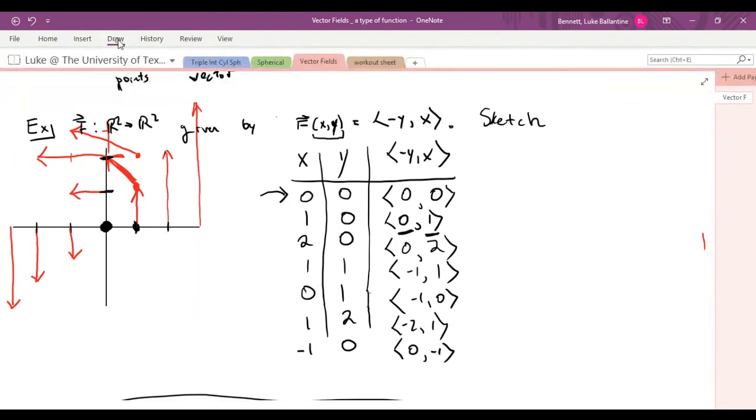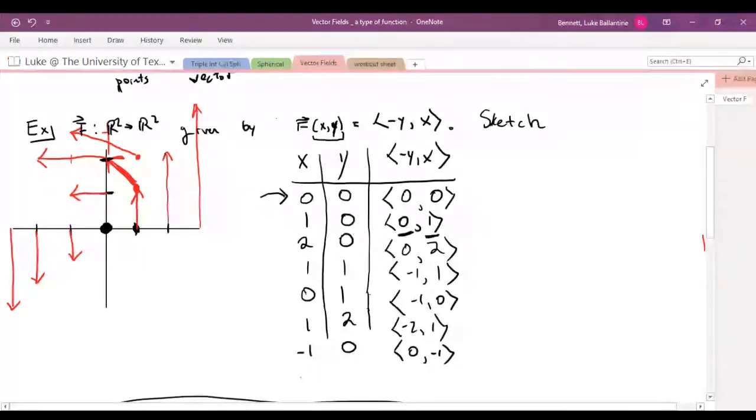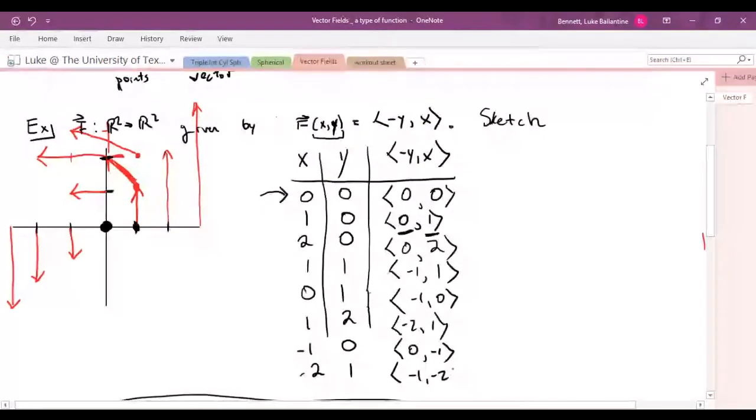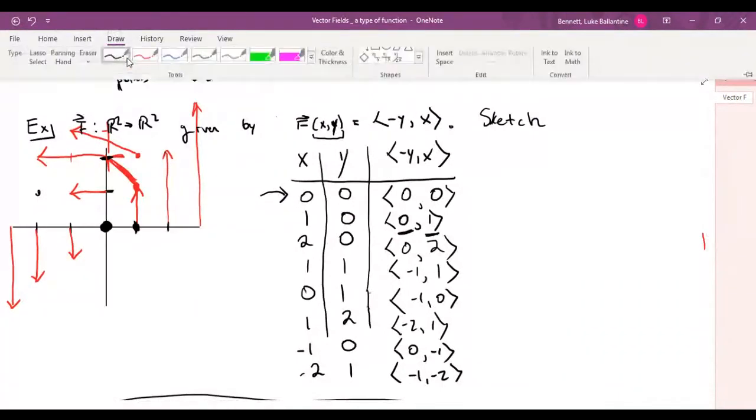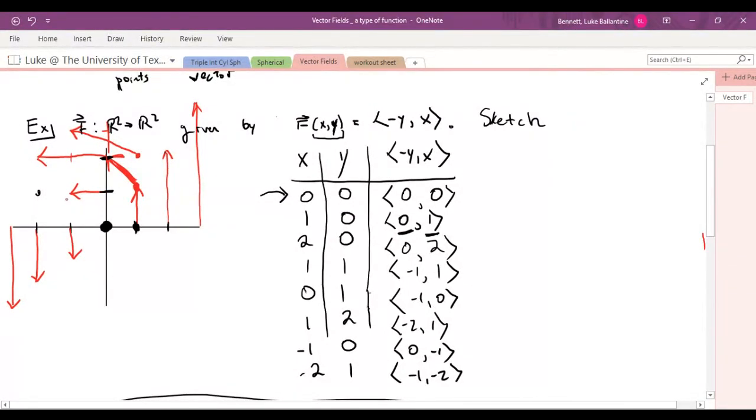If we do the point negative 2, positive 1, we get -1, -2. That's -2, +1, right here, and then the vector: x goes -1, y goes -2. Like that.